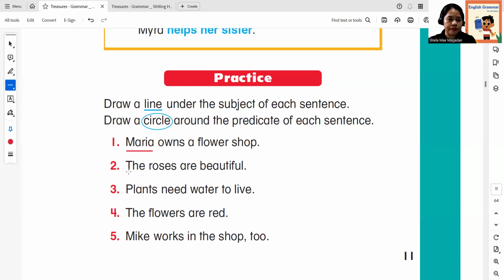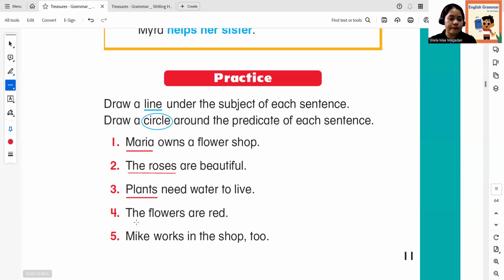Let's go first with all the subjects so that we can continue using the line. Number two, the roses are beautiful. So the subject here is the roses. Number three, what do you think is the subject here? Plants need water to live. The subject here is plants.